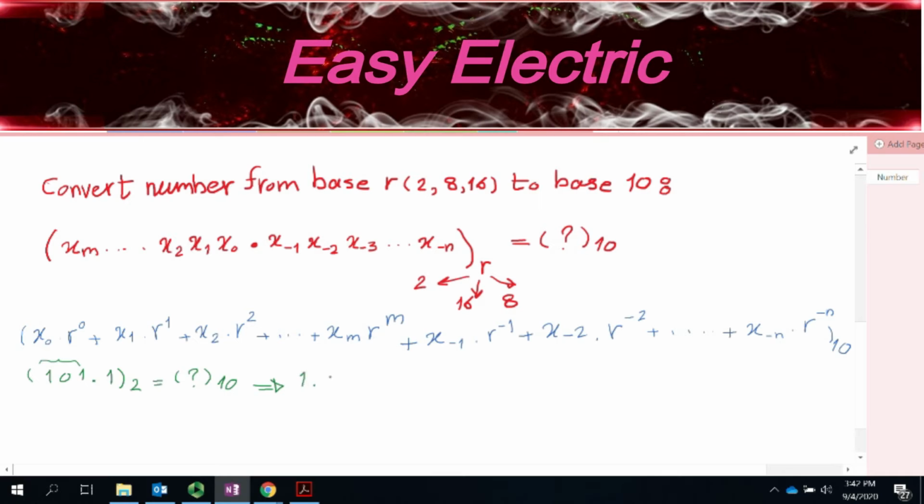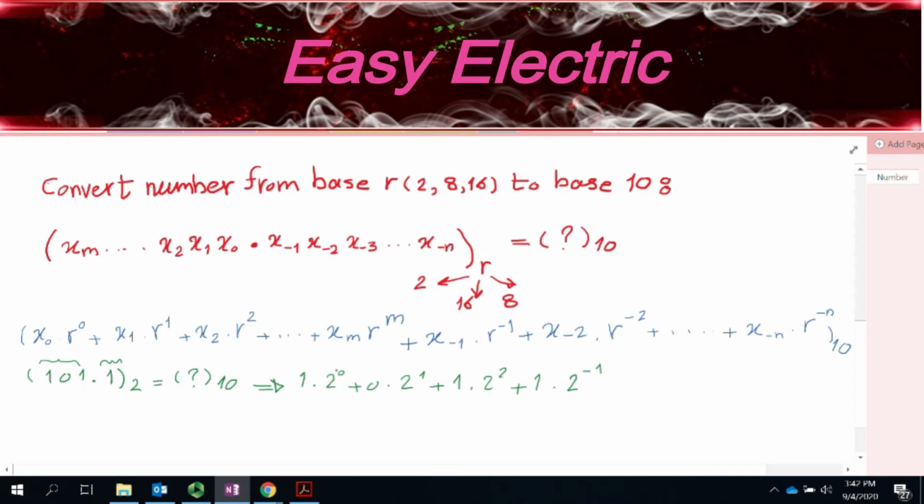It should be 1 times 2 power 0, since r here is 2, plus 0 times 2 power 1, plus 1 times 2 power 2. Then move to the next part, which is 1, x-1 times r, which is 2 power -1.